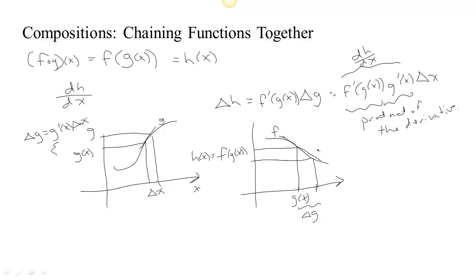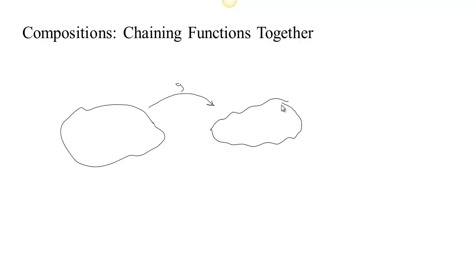That's the derivative. In our case, now we're going to have functions that have possibly more than one input and more than one output, but we'll have a similar situation. In our original domain, we'll apply some function g, and that will give us maybe a vector in some new set, and then we'll apply some function f, and that will finally give us our answer.